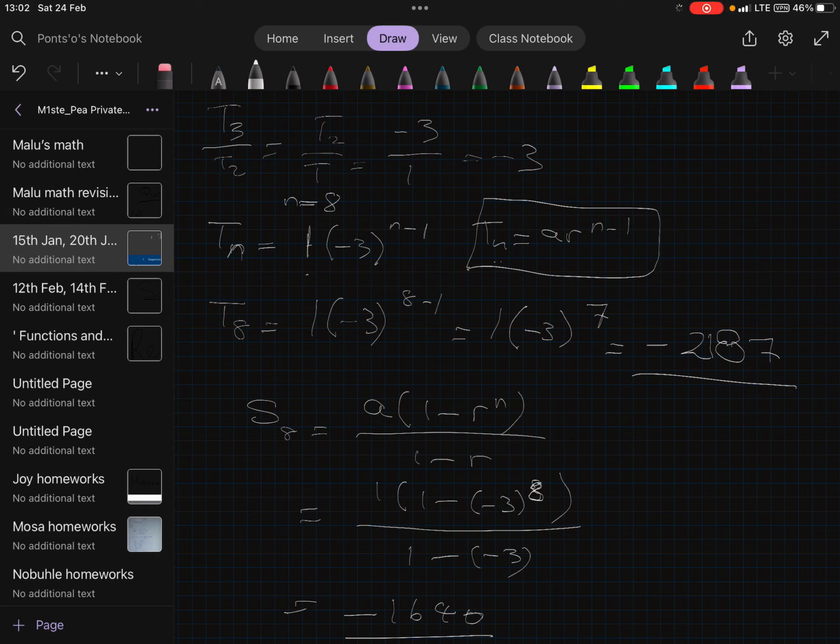So now, if you do the fourth term, you get negative 27, right? So that means half the terms from the first term to the 8th term are going to have negative signs.